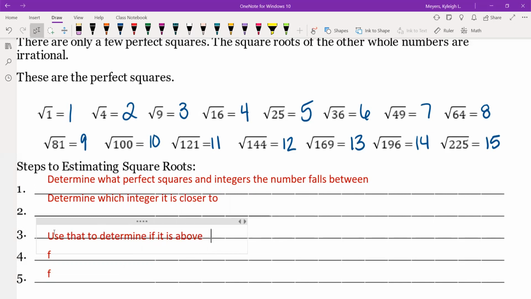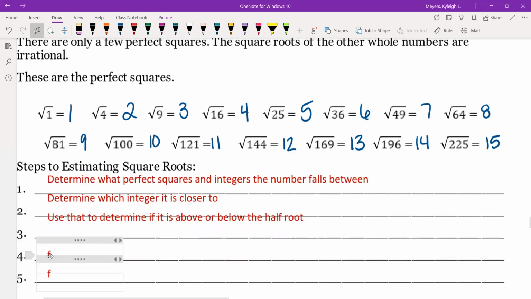or below the halfway root. Okay, I have to move this up a little bit. That's too hard. Okay, whatever.